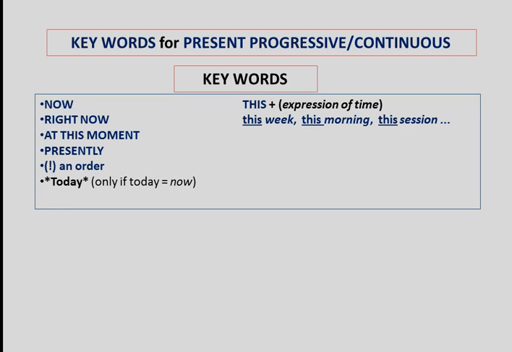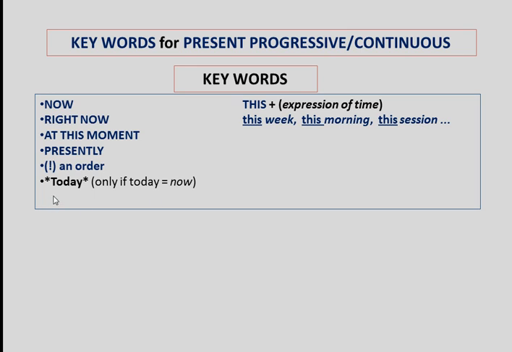If somebody gives you an order, you're obviously in the present tense, and it is right now. The word this, which means close to me, this plus an expression of time, this week, this morning, this session, indicates that it is now, incomplete action.